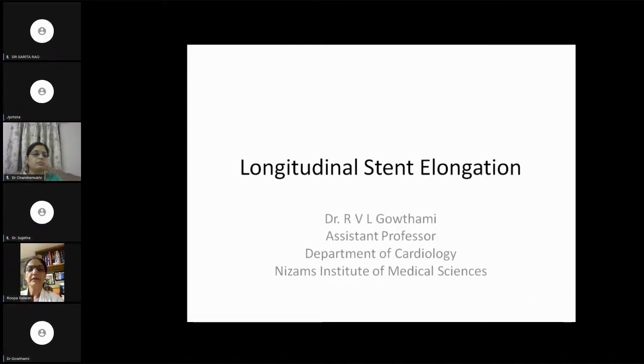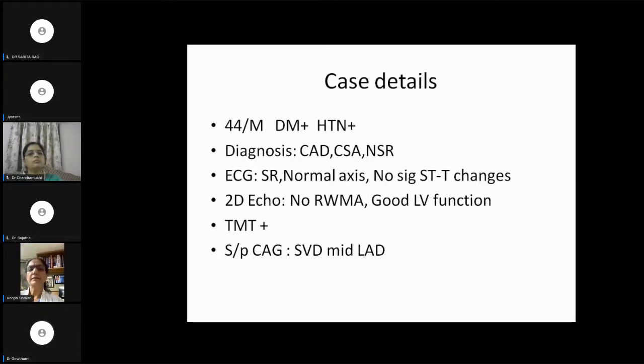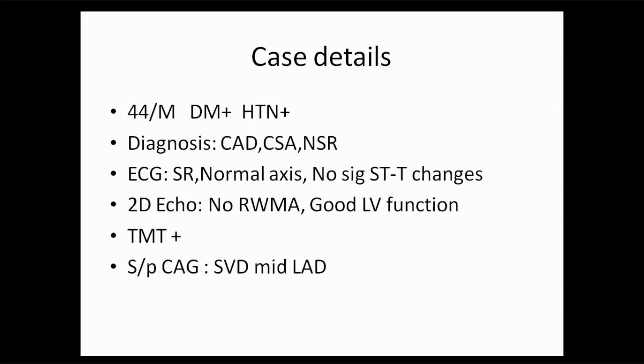So today I'm going to present a case of longitudinal stent elongation. This was a 44-year-old gentleman, a known diabetic and hypertensive, who presented to the OPD with complaints of shortness of breath of 2 months duration. His ECG was almost normal, without any significant ST-T changes. The 2D echo also showed good LV function, normal EF.